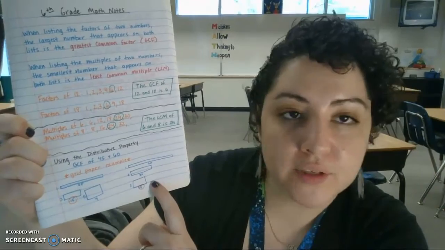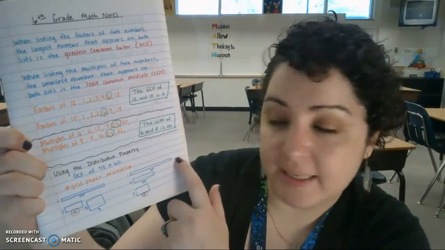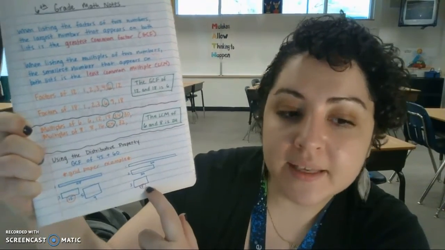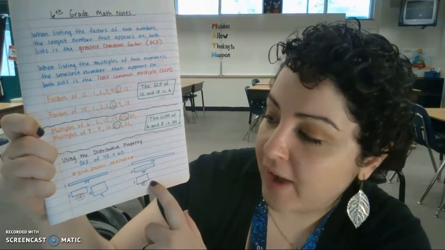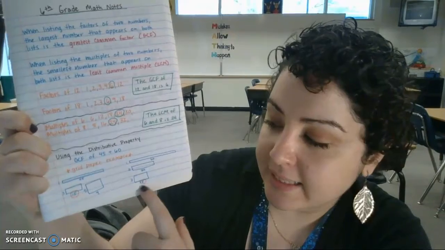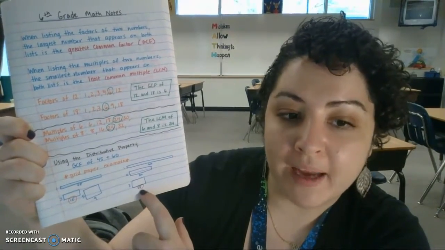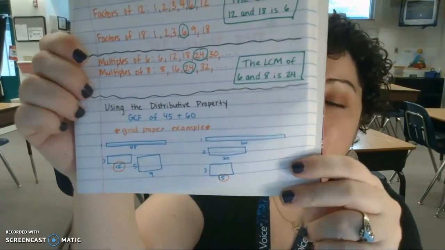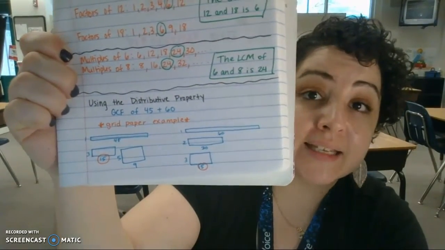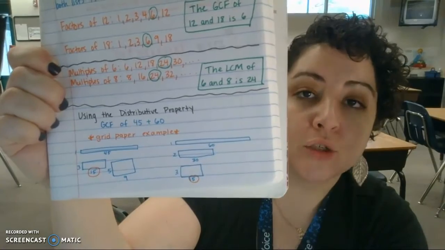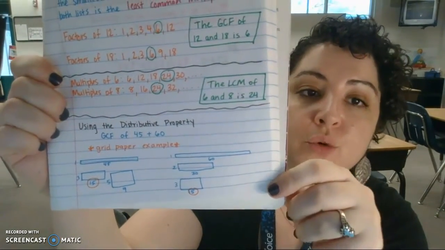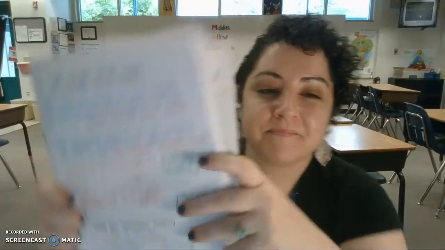I could do the same thing for 60. I could do 1 by 60, 2 by 30, and 3 by 15. This allows me still then to look at all the factors, but then I can easily identify the biggest one that matches on both sides. So that's just a convenient way of doing it differently because this class is a very large class of auditory and visual learners, and so this might help you while you're trying to do greatest common factor.